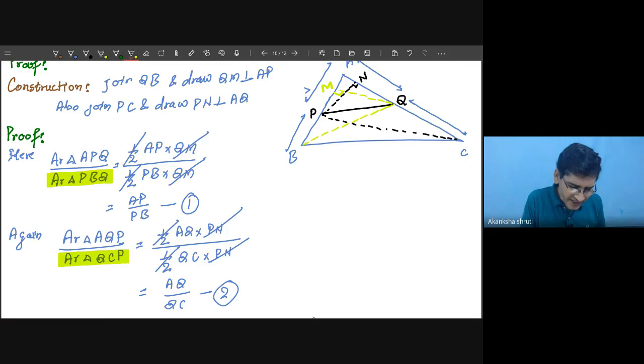Student, observe it carefully. So let us understand. We have to observe the area of triangle PBQ. Understand this carefully.